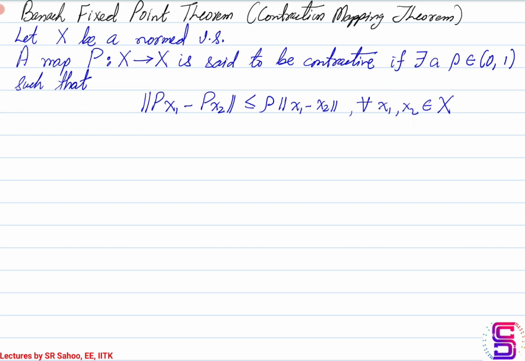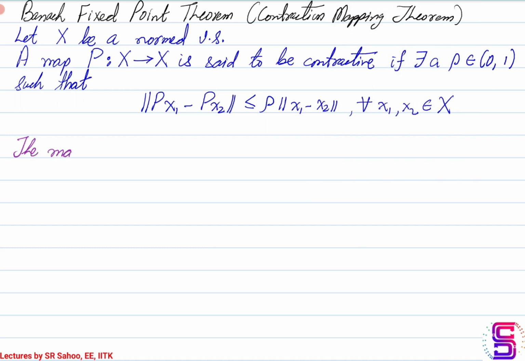So under the action of P, as new vectors are generated, the distance between the new vectors also reduces. Now this is not just for one pair of x1, x2 or two pairs and so on. It is for all pairs of x1 and x2 that you can form in the vector space X. This condition should hold. In such a case, it can be established that P is a contraction mapping on the vector space X.